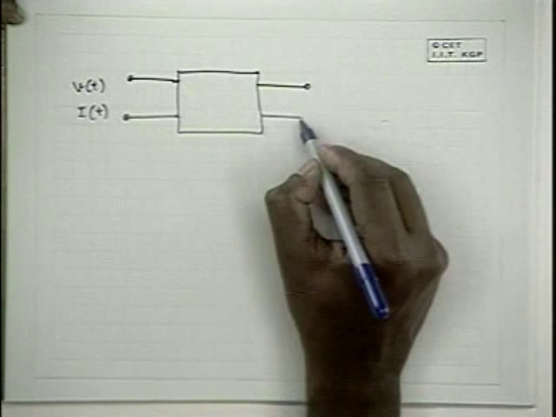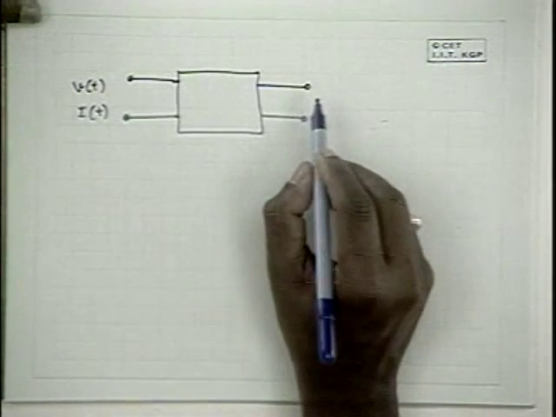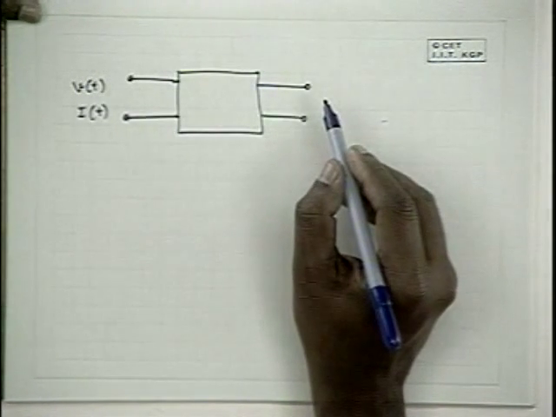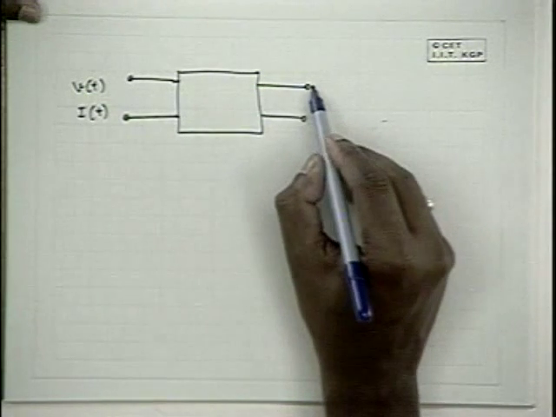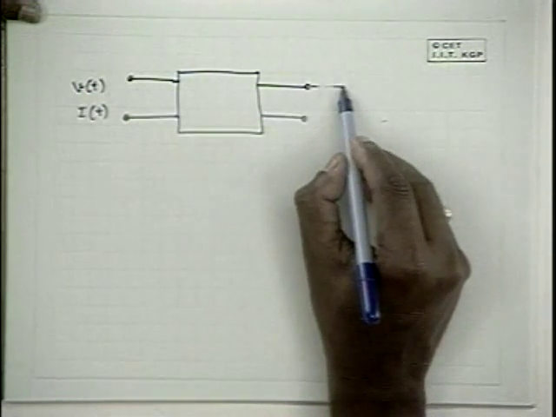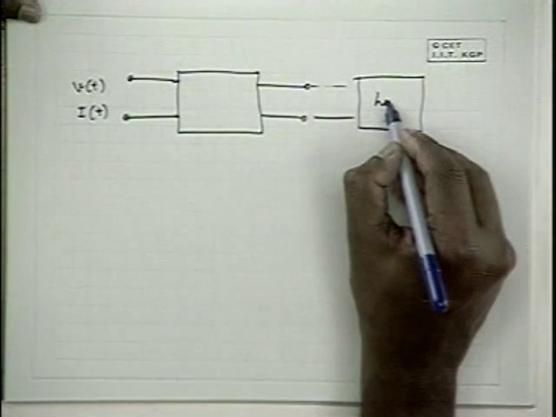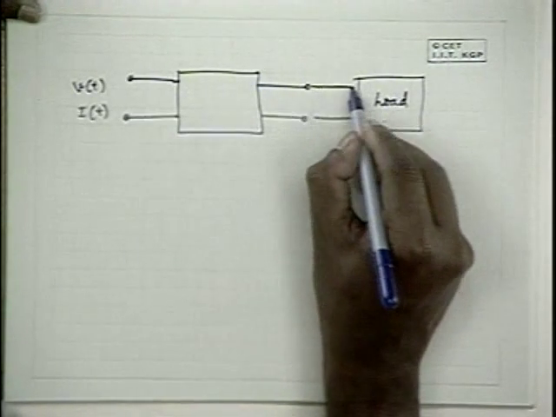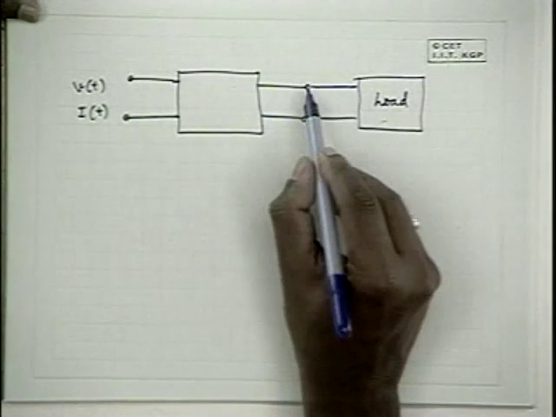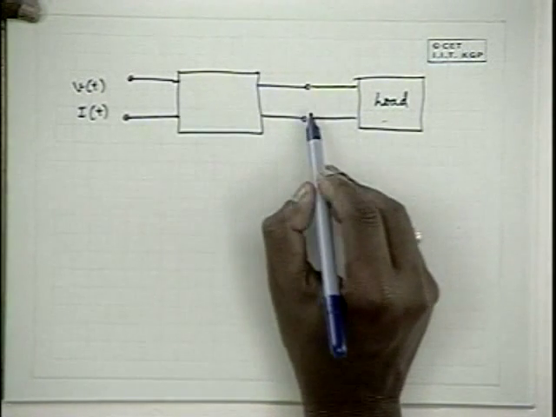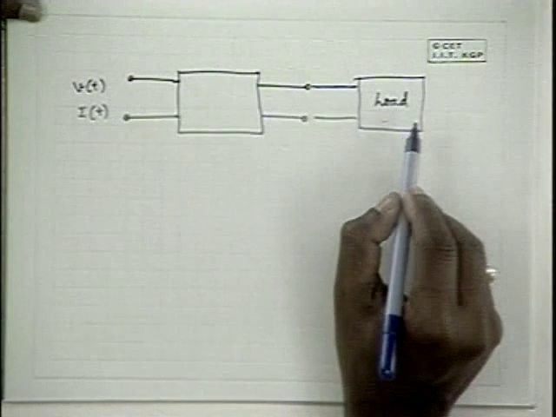Now the amplifier gives you amplified current or voltage. These are used to drive a further circuit or a load. In a public address system, the amplified output is used to drive a loudspeaker.